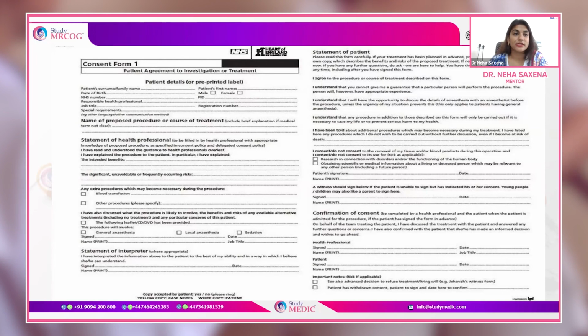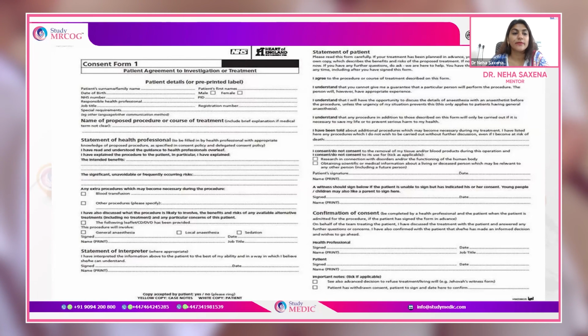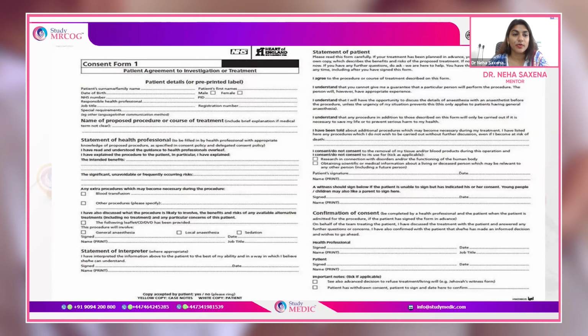So that mentions the name of the patient, the date of birth, and the number, what is the job title, etc. What is the name of the proposed procedure, okay, and what are the extra procedures, what are the complications, right? So these are the things that you need to look upon.